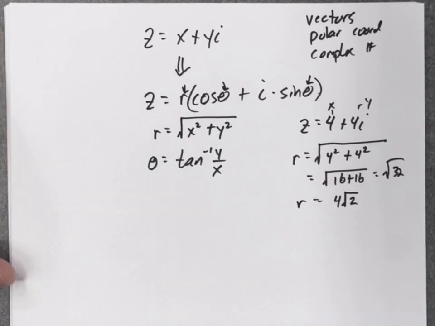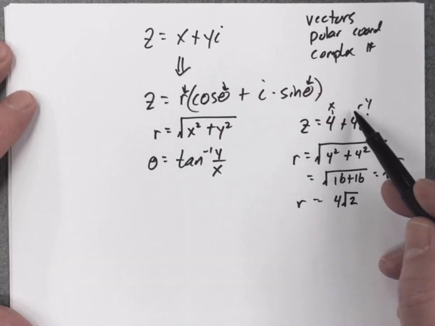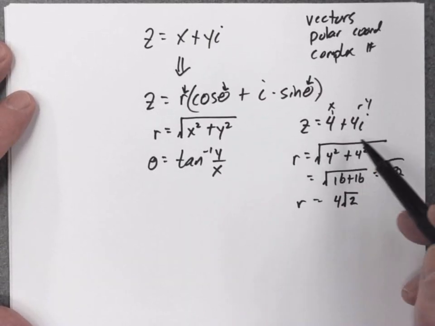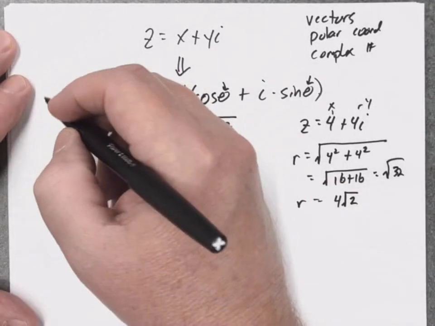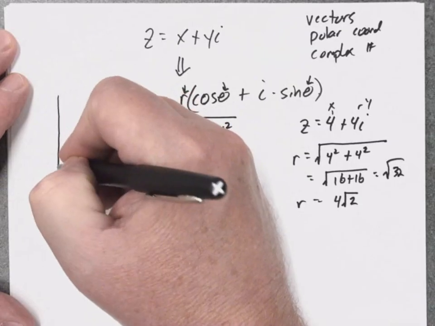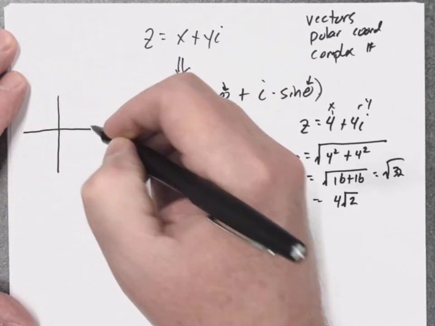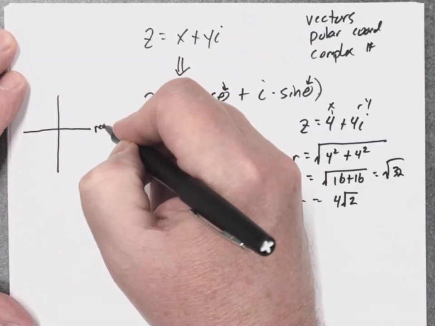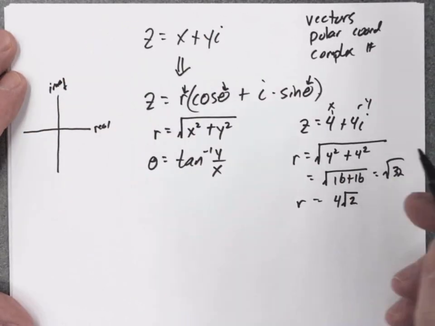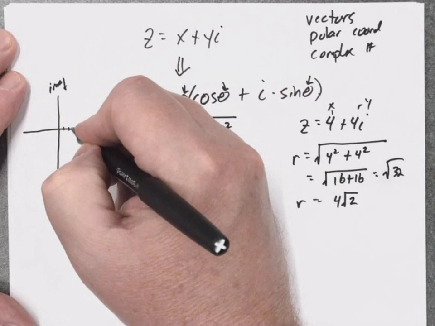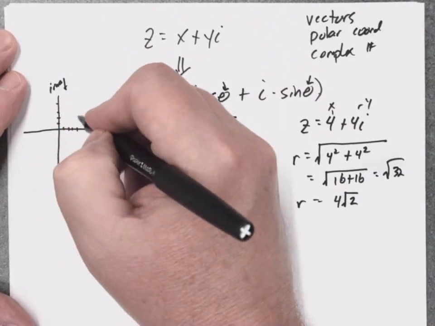Matter of fact, the thing I always recommend, in this case, I'm trying to convert this complex number in rectangular form to polar coordinates, is that it takes about 15 seconds to do a quick sketch of this point. So 1, 2, 3, 4, 1, 2, 3, 4.